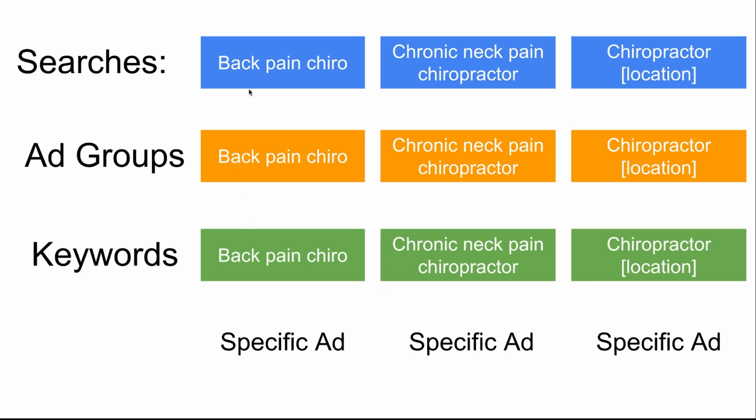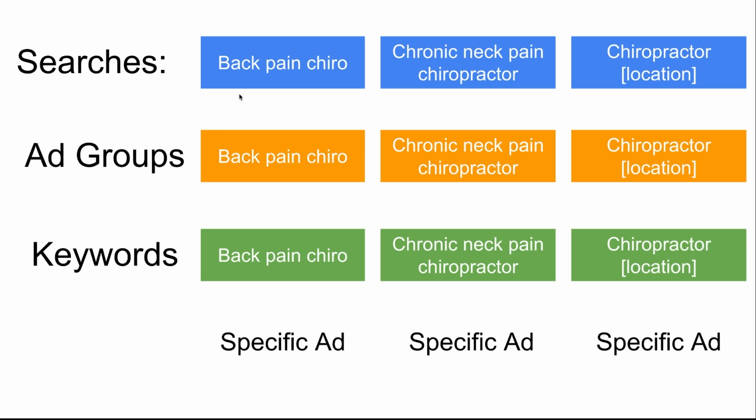So here we have individual searches, and basically we want to map different search intents with different ad groups. If keywords are basically the same and they're looking for the same sort of service or same kind of intent, then you can group them together. But if you think the keywords are different enough that you'd like to write an ad that's more specific to different keywords, then it's a good idea to break them up.